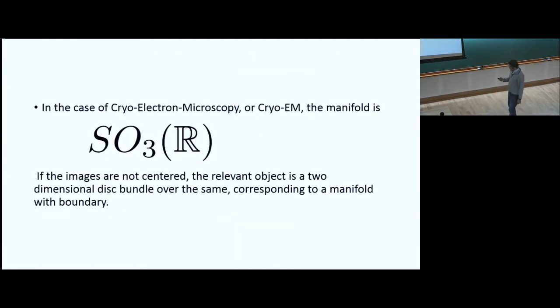As I mentioned, the natural manifold associated with cryo-EM is SO3. If additionally these images can be perturbed laterally, so you don't know exactly where the molecule is in the picture, then you have these points lying not on SO3, but rather on a two-dimensional disk bundle over SO3, which is essentially something like this.